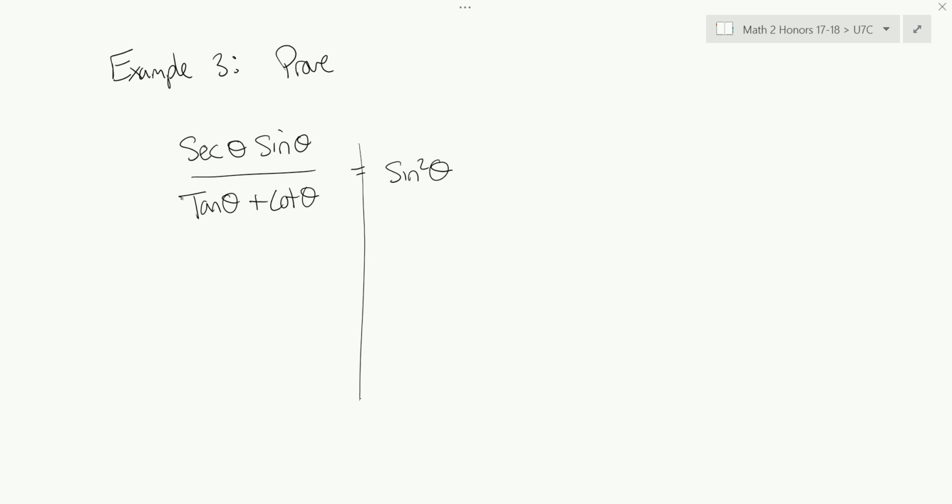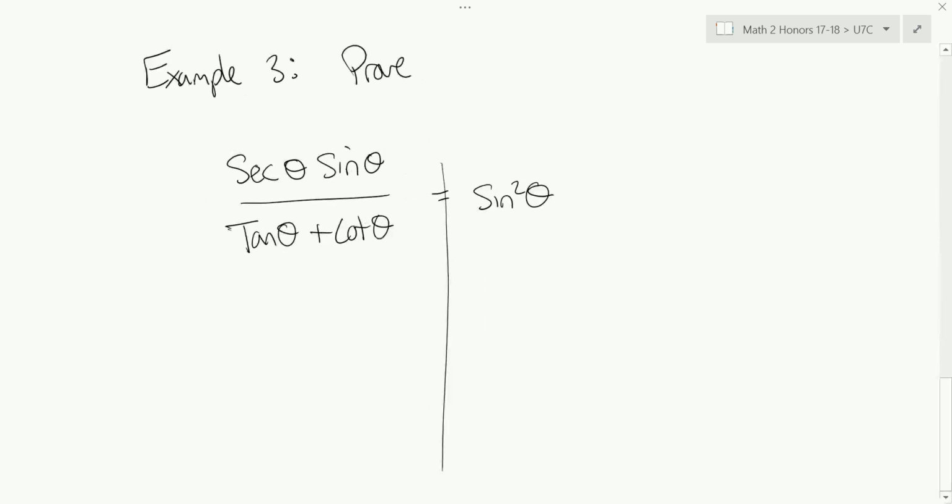Okay, secant times sine, how do you do that? Put everything in terms of sine and cosine. You could always fall back on that, okay? So secant, we know, is 1 over cosine. Sine, just leave it sine over 1 maybe. And that's just the top part of the fraction, right?